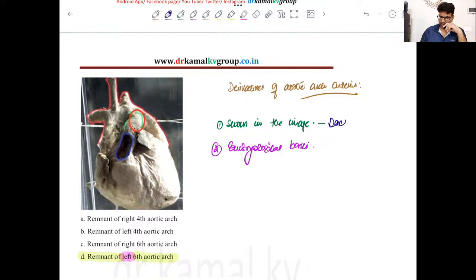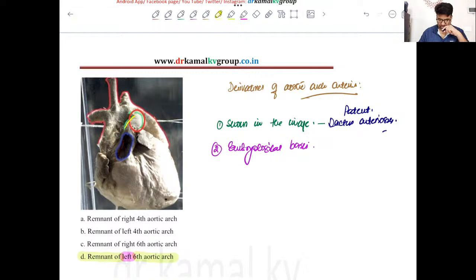Since it is an adult, you can call it patent ductus arteriosus, because in fetal life this is a normal entity, but in a newborn, child or adult, it is always pathological because it should not exist after birth, right?